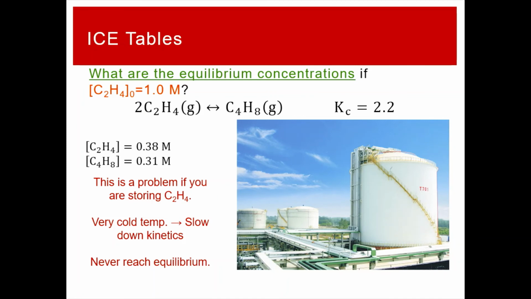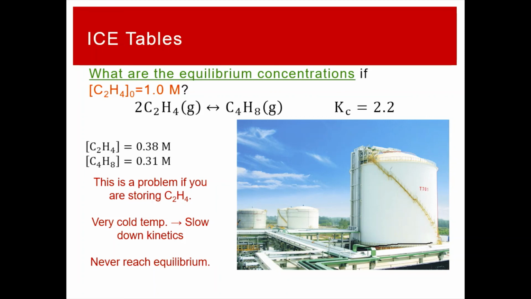Functionally, when you store them, you see these giant tanks of it. What they do is store it at very, very cold temperatures. What that does is slow down the kinetics. So you put in the C2H4 and it just never reaches equilibrium, because it's so cold that it just stays C2H4.